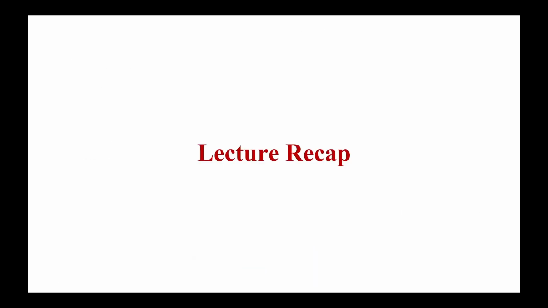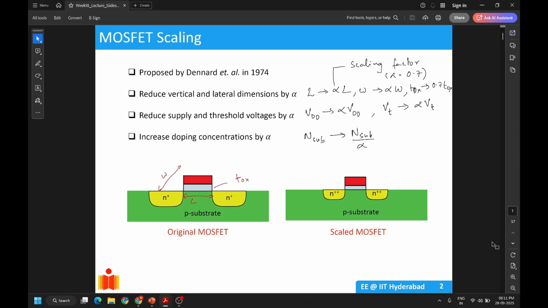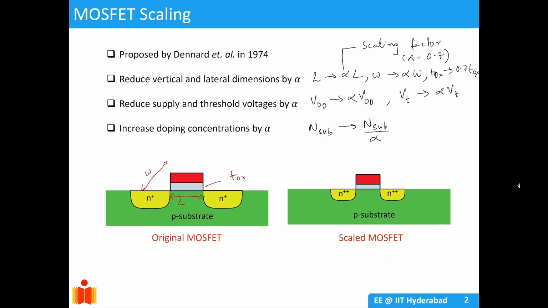First, we will do a recap of the lecture. Last week we studied MOSFETs and their characteristics. Now we'll talk about scaling. MOSFET scaling basically means reducing the size of a MOSFET.